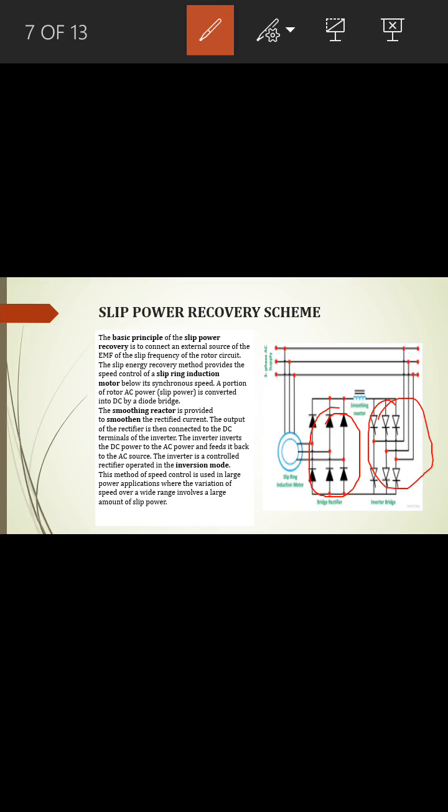The inverter inverts the DC power to AC power and feeds it back to the AC source. The inverter is a controlled rectifier operated in the inversion mode. This method of speed control is used in large power applications where the variation of speed over a wide range involves a large amount of slip power.